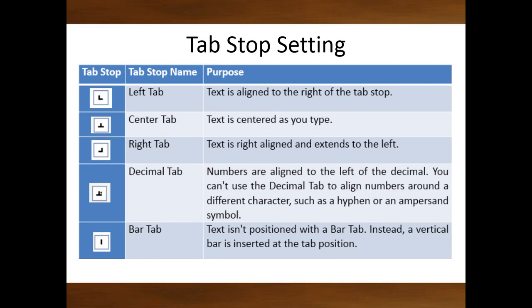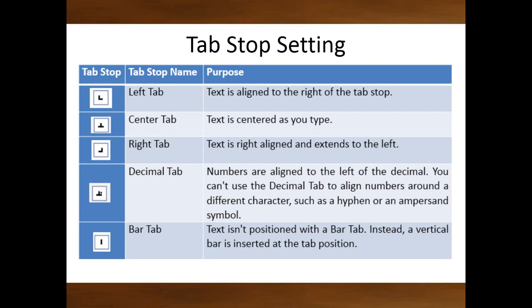Then we have the right tab stop, where the text is right aligned and extends to the left. So the text will spread towards the left side of the tab stop. The information you type will go towards the left side.